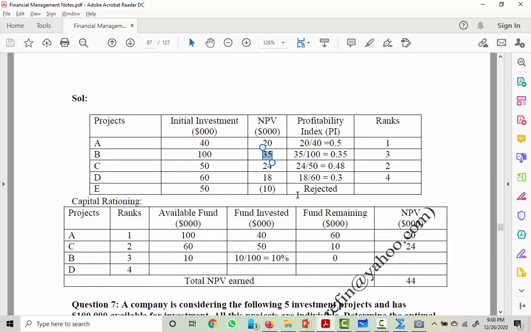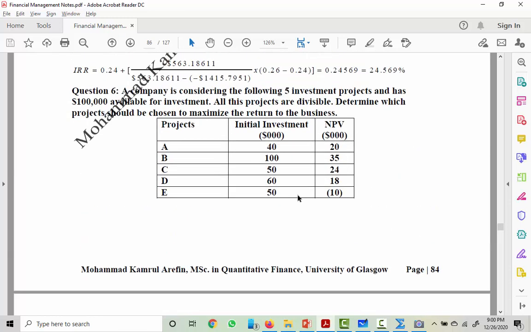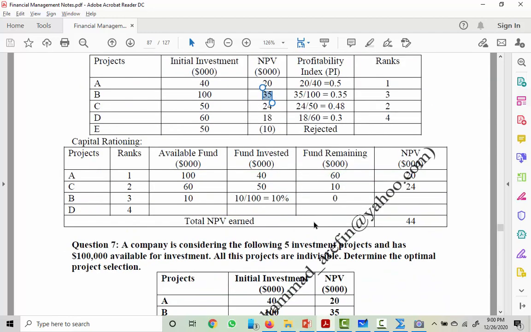But the question says nothing like that, that we will get partial revenue or partial NPV from the partially completed project. Because it doesn't say anything like that, the NPV cell will be empty here, right?